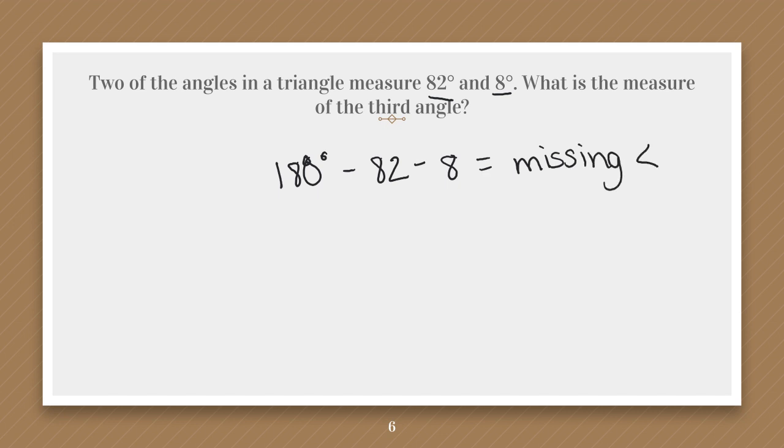So I do 180 minus 82, and that gives us 98, and then we subtract 8, and whenever we do that, we get 90 degrees. So my missing angle measurement for my third angle would be 90 degrees.